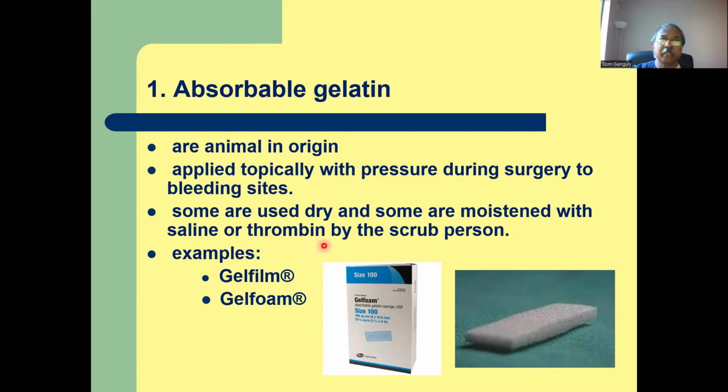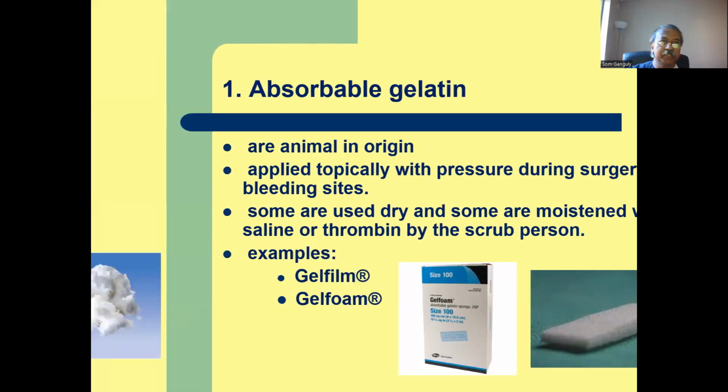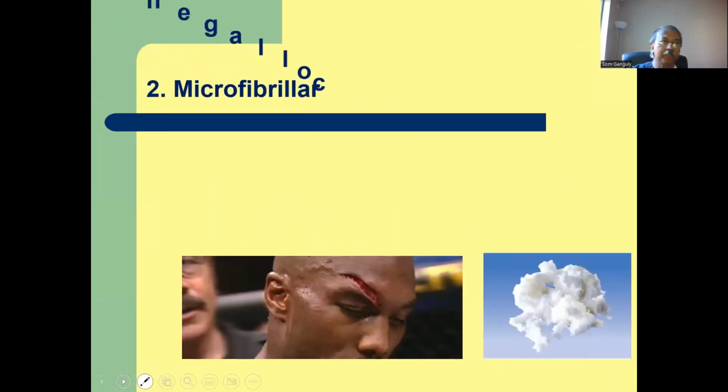Thrombin is a topical hemostatic agent. Saline or thrombin can be sprayed on this gel foam, and that gel foam can then be applied to the bleeding site, and it will control the bleeding. It will provide hemostasis. Gel film and gel foam.